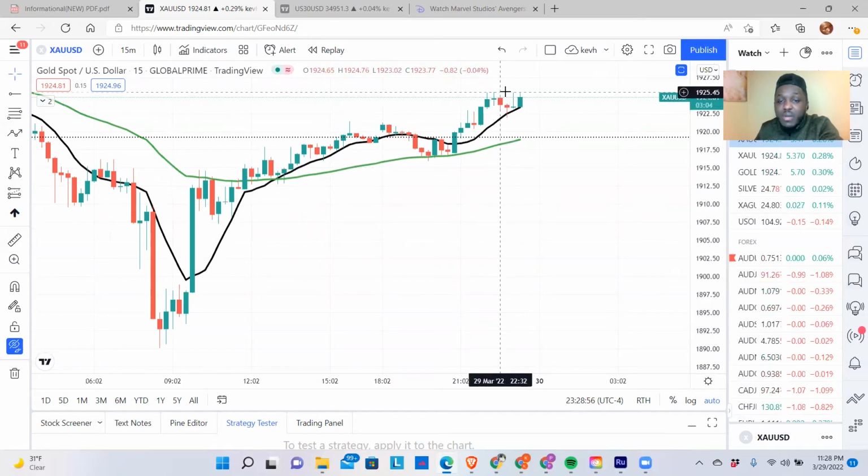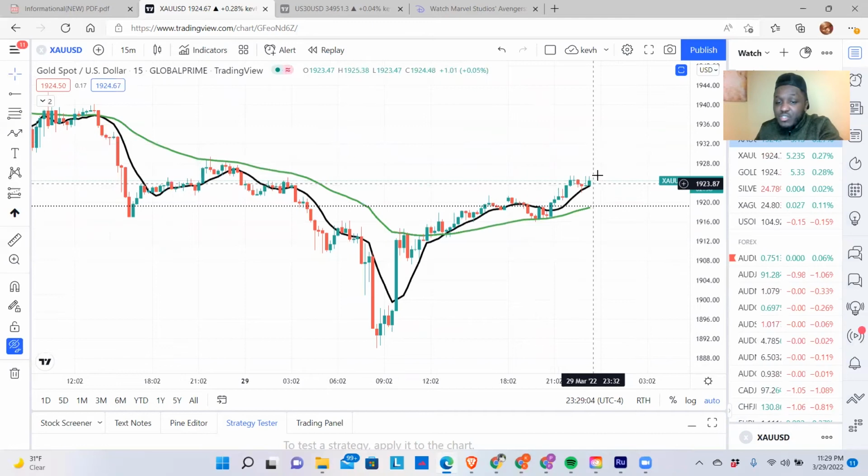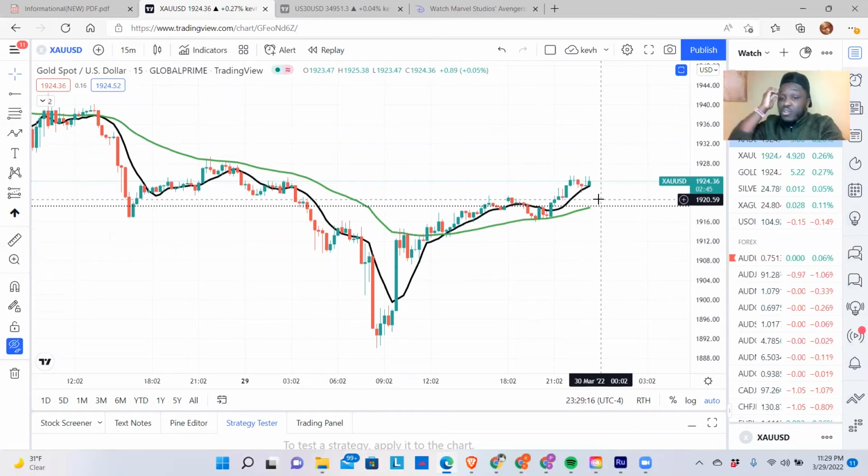You can see there is some kind of rejection in this area. So either this market is going to break off the rejection of this resistance area and keep pushing up, or it's going to give us a pullback to this support level right here before it actually goes back up. And that's what I'm in favor of.